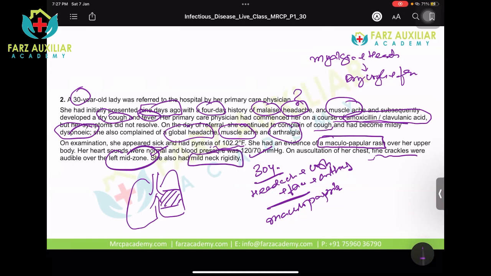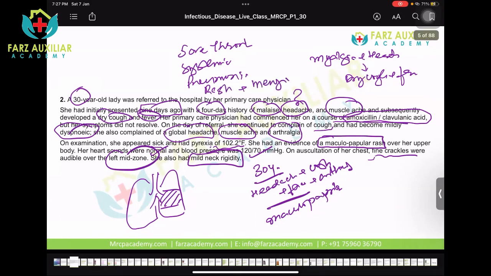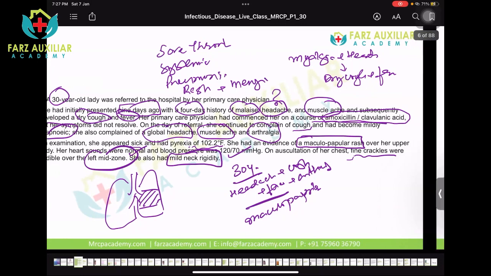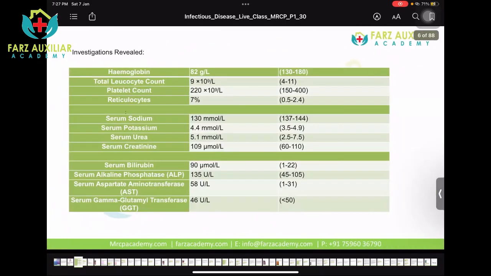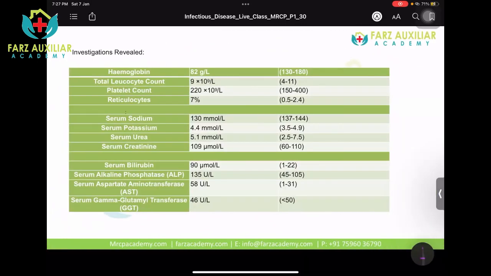So can you think of some bacteria that causes sore throat, that causes systemic illness, causes pneumonia, that causes rash, and causes meningitis? Sore throat, Streptococcus most common.